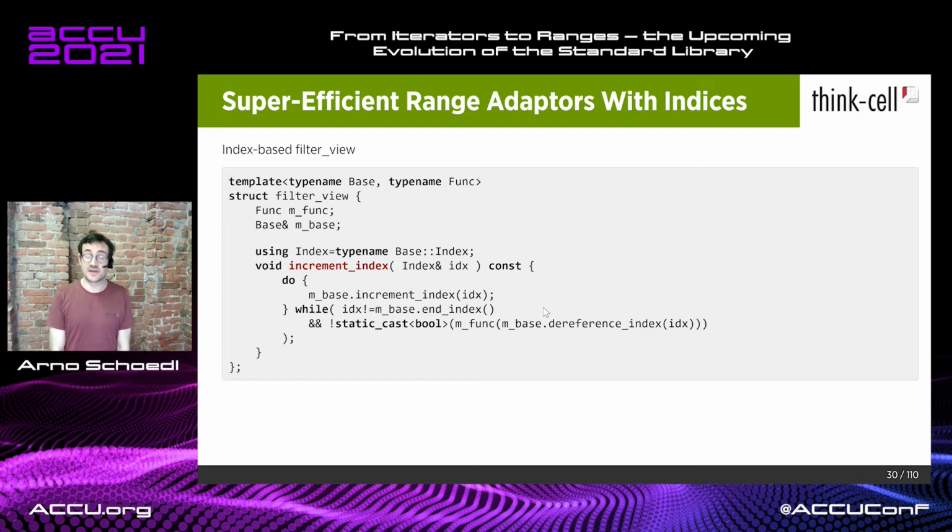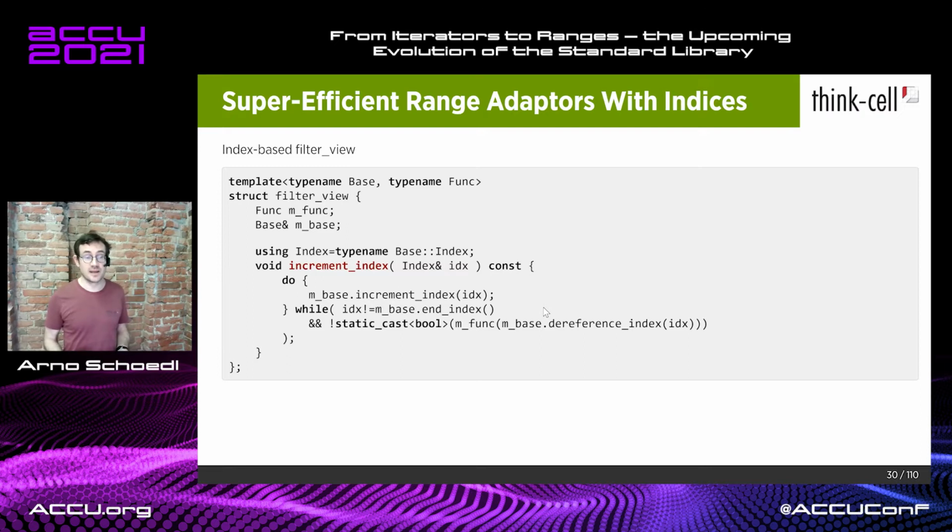It's nothing more. That's enough. And if you increment, you would kindly ask your base range to increment the index. You say, hey, vector, you can increment indices, right? Your index is the iterator, so that's easy. And you can also tell me what your end iterator is in this case. So you can just ask the base for these things.